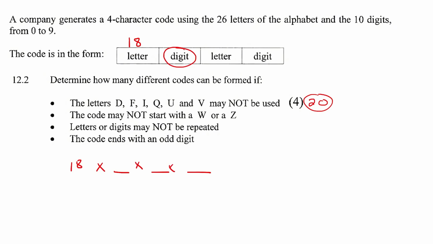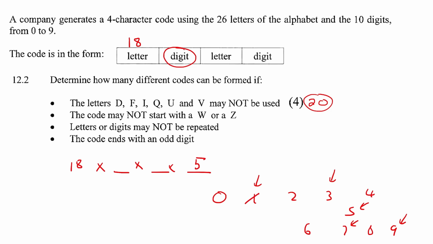They tell us that the code must end with an odd number. So what odd numbers could we put there? We've got 0, 1, 2, 3, 4, 5, 6, 7, 8, and 9. So that could be a 1, a 3, a 5. That's 1, 2, 3, 4, 5. So we've got 5 options we could use over there.